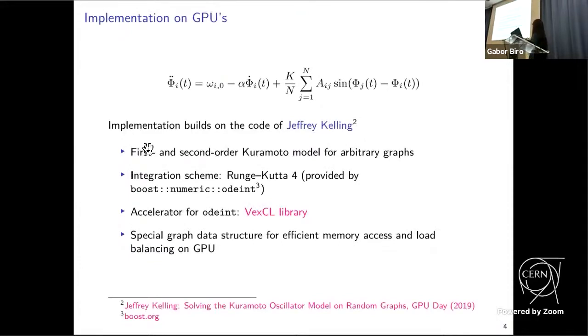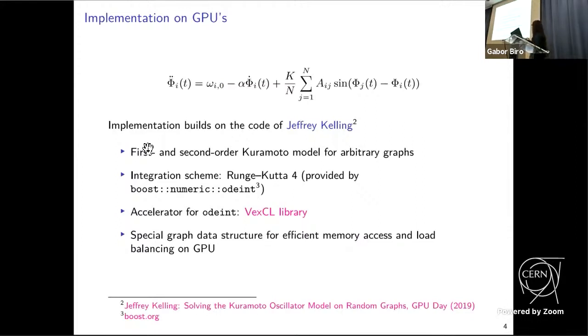We already have an implementation. Our colleague, Dr. Kelling at Dresden, already has a GPU implementation of the Kuramoto model. And he also had a talk about it at the 2019 GPU Day. It's a very good talk, so I highly recommend you check it out. The main points we have to know about is that it implements the second and the first order Kuramoto models, and we can use it for any graph we want.